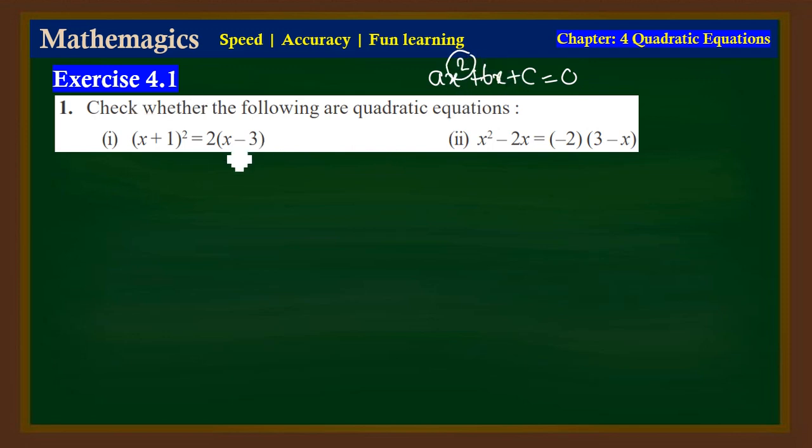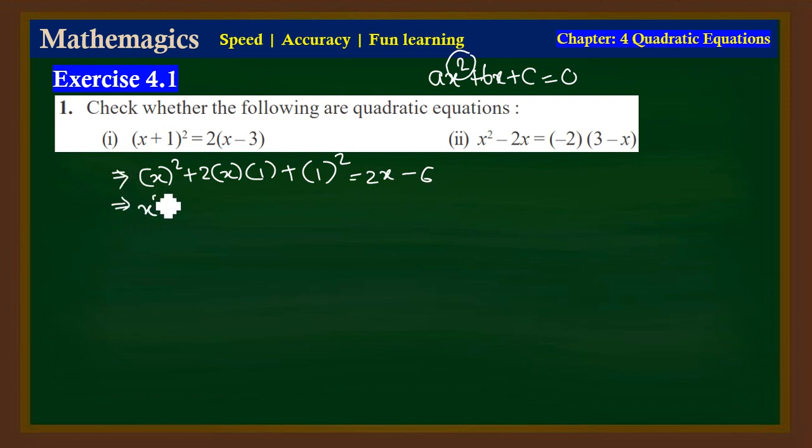So let us start. Here x plus 1 whole square, as we have already studied, a plus b whole square is equal to a square plus 2ab plus b square. So let us put it in: x plus 1 whole square is equal to 2 into x becomes 2x, minus 2 threes are 6. This implies x square plus 2x plus 1. This 2x I am taking to this side, so minus 2x, and minus 6 will come to this side and become plus 6, is equal to 0.